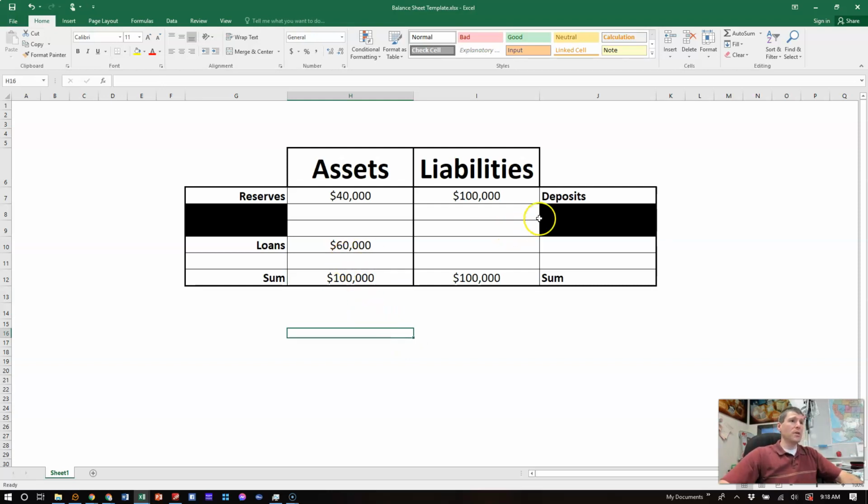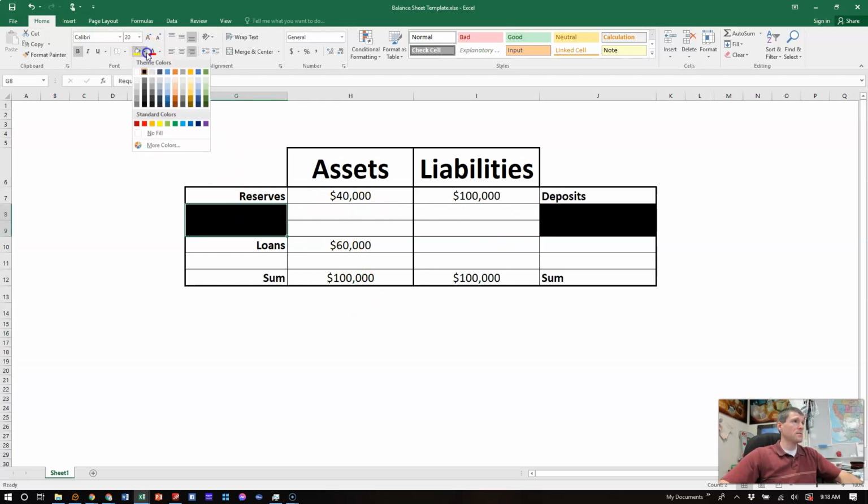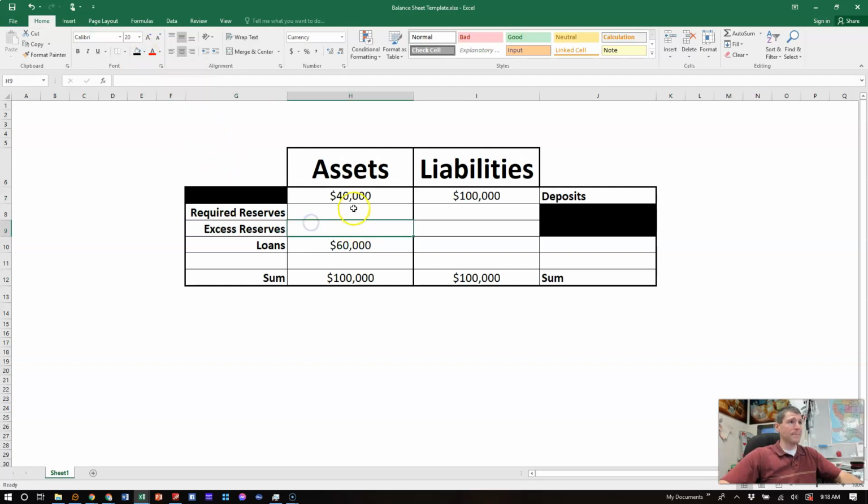Now, if we add in some complications, let's say that we look at the required reserves and excess reserves, so we'll black that out. All right. Well, let's say that over here, we'll stay with the $60,000 in loans.